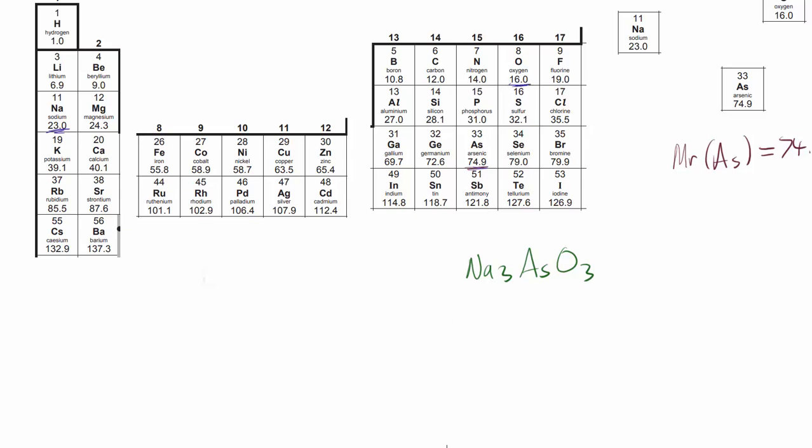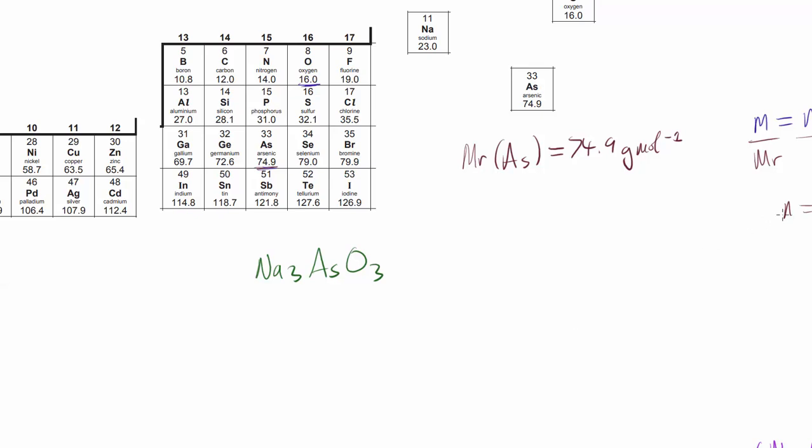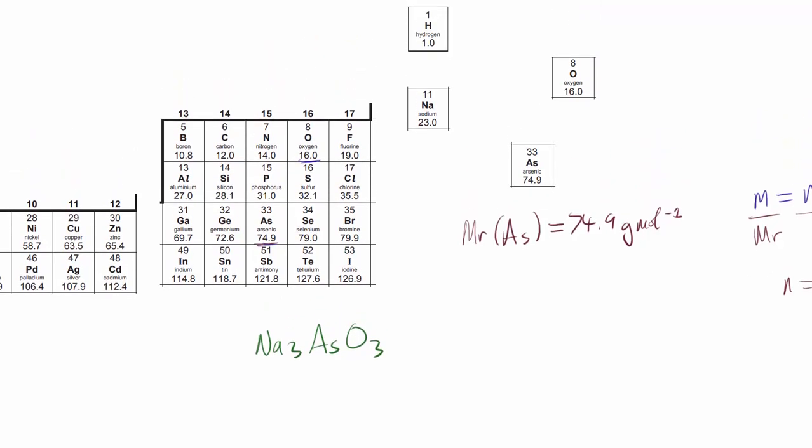So you can set up some arithmetic that will give us the molar mass of the sodium orthoarsenate. I'll put Mr here. Mr of this is going to be equal to 23, so that's for the sodium, multiplied by 3, right? So it's Na₃, plus then 74.9.